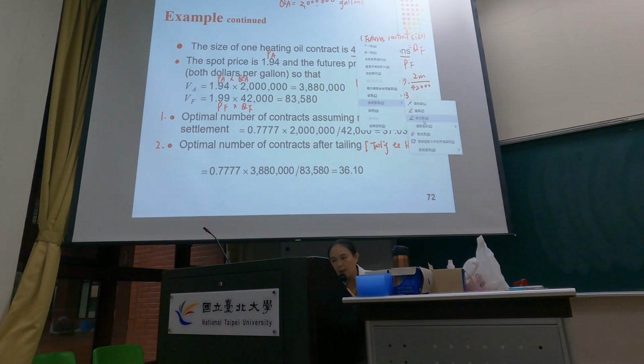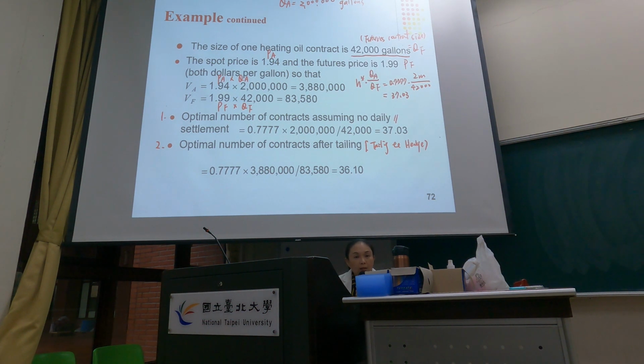Now, the first answer is not a perfect number, so we should adjust that. There is no 0.03 contract, right? So you have to round up or round down. It's closer to 37. But if you only do 37, you're under hedged because the 0.03 you don't hedge. But it's up to you. Anyways, you have to choose the full number.